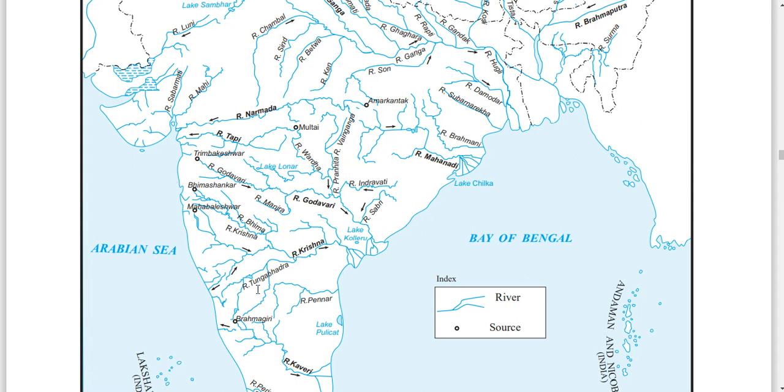Krishna is coming from here. This is also Krishna. Means Krishna is coming from Mahabaleshwar, then flowing here, then here also, then ultimately goes to the Bay of Bengal.